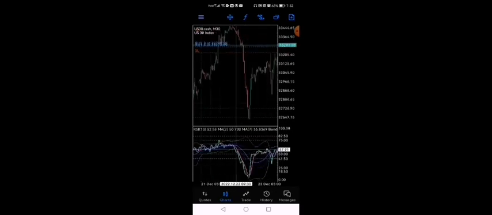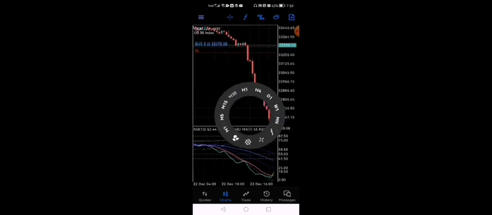And when the strong momentum was here, we can see that every time it was rejected from this red line. So it was a perfect sell setup. Actually, I missed the setup today, but hopefully you will not on any future trades.